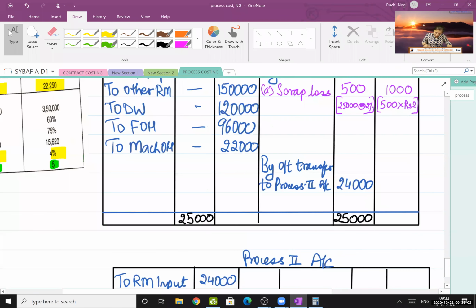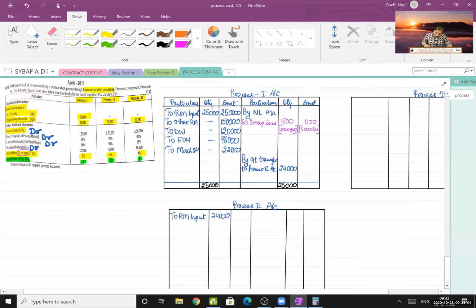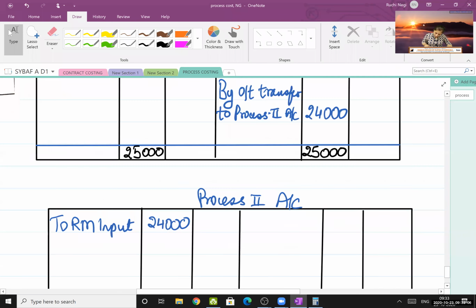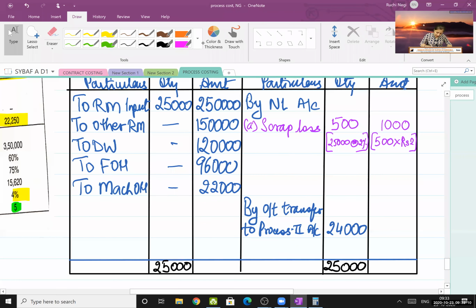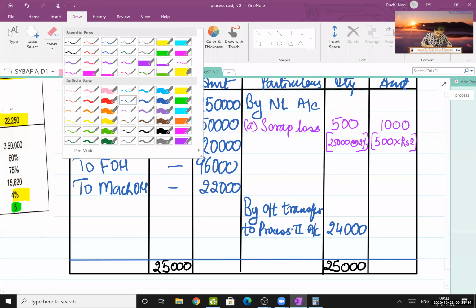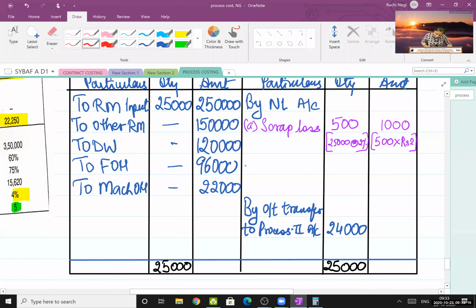So मेरा 500 का gap आ रहा है. That is abnormal loss. Right. By abnormal loss. How much? 500.